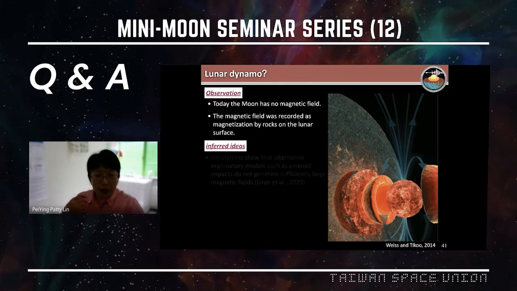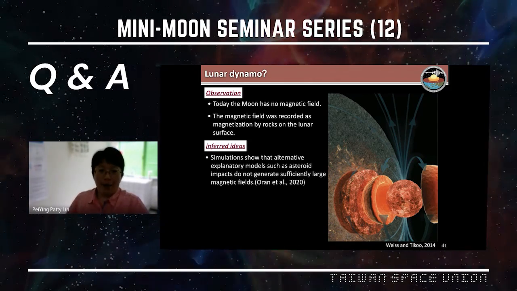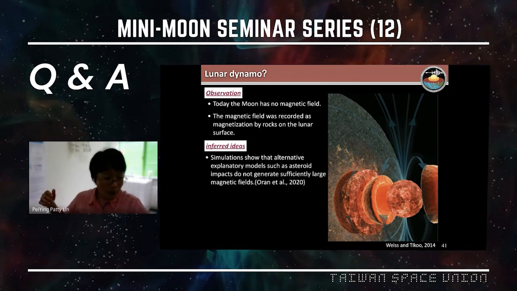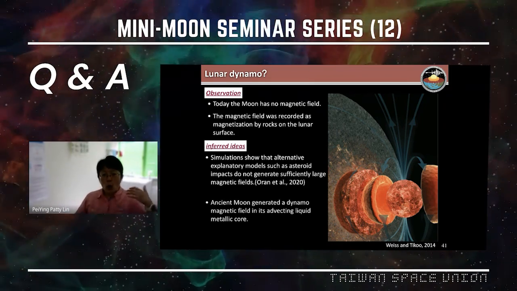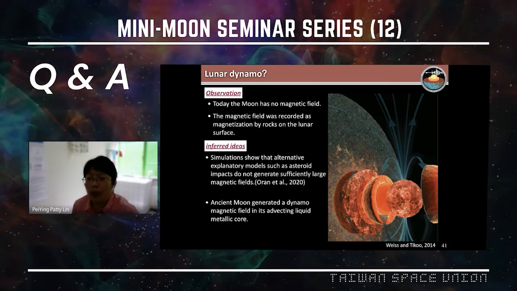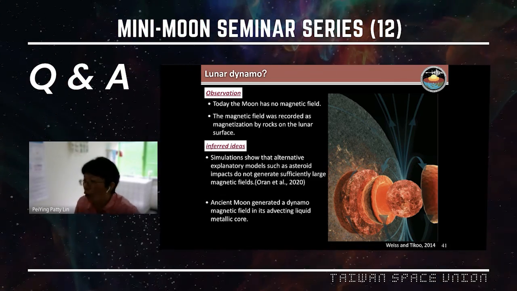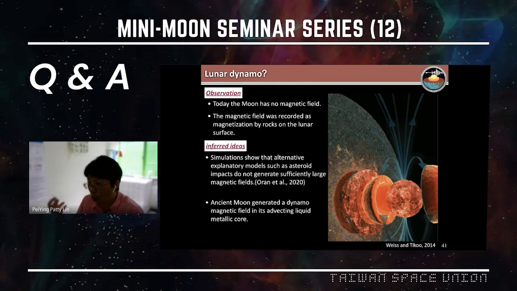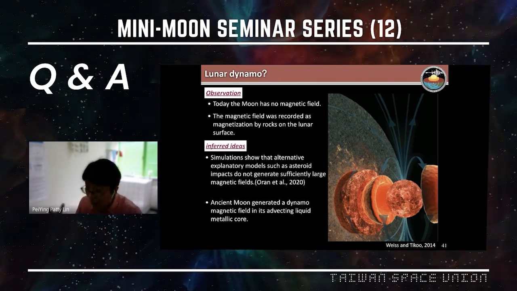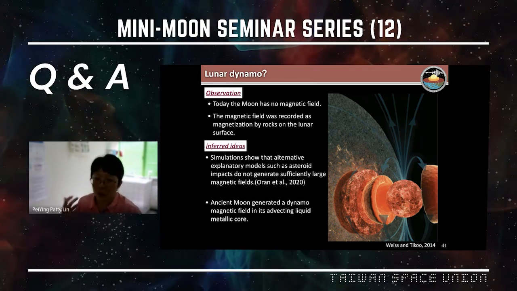So there are a lot of ideas, and I just show it here. We don't know which one is correct, but so far we don't have the record, which means that the outer core is not thick enough to generate the dynamo.